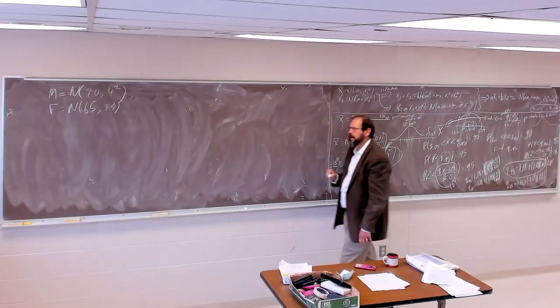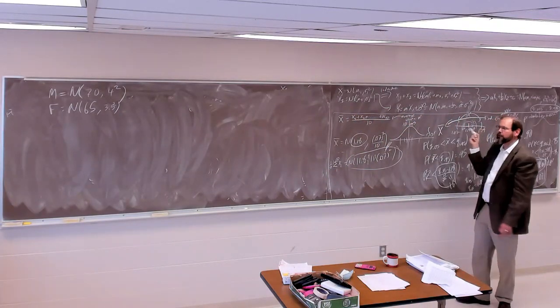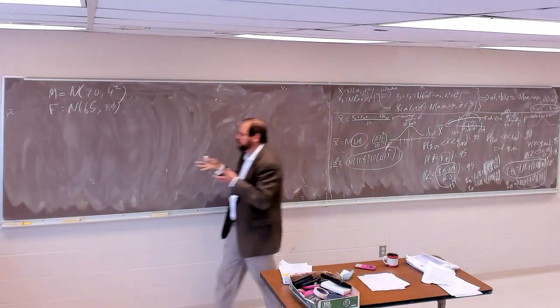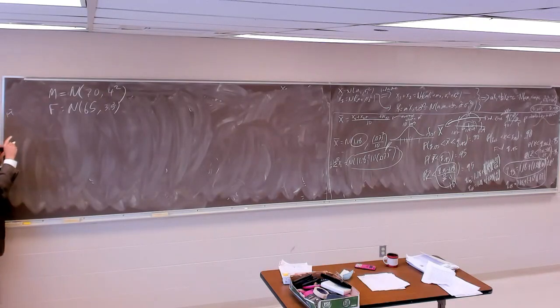And all this is to point out that we don't have to keep using the same random variable over and over again. Sometimes we want to compare two different normal random variables. And so there's a question that says, something along the lines of, what is the probability that a randomly chosen male is at least 12 inches taller than a randomly chosen female?